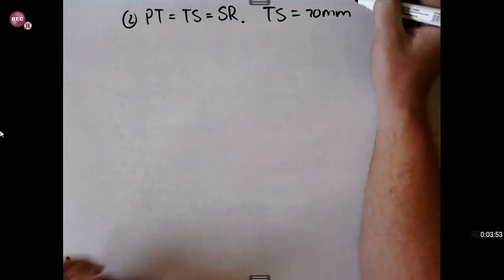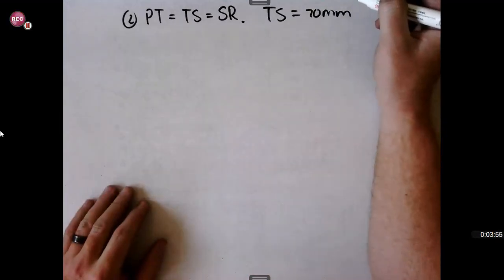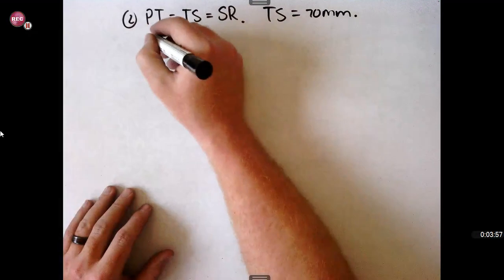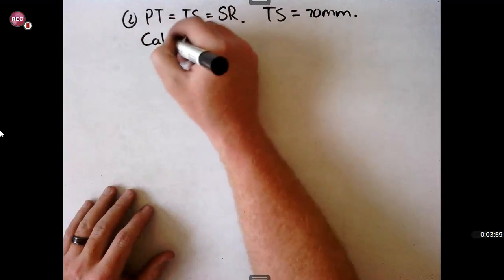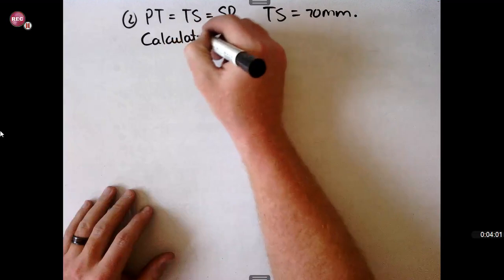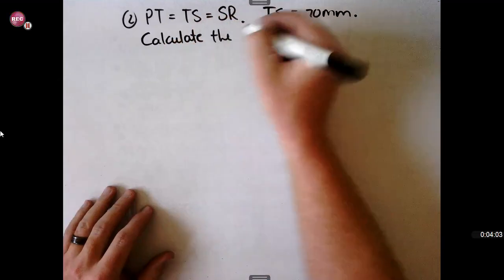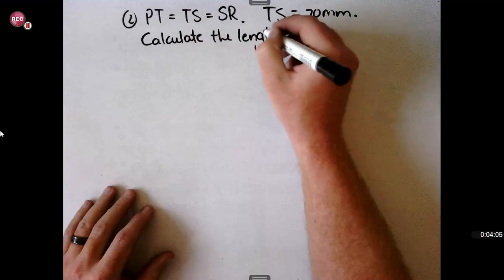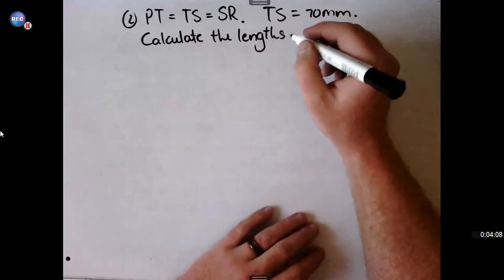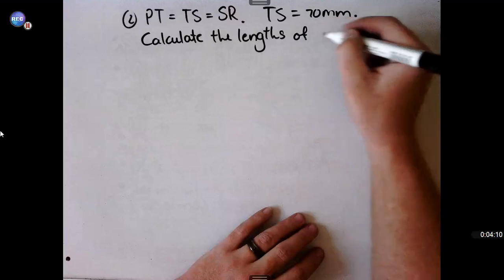They then tell you to calculate with reasons the lengths of PQRS.